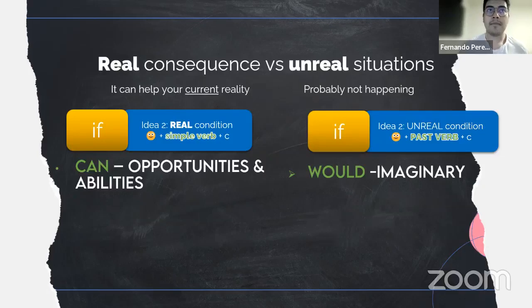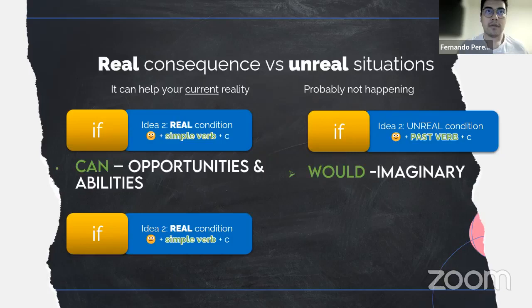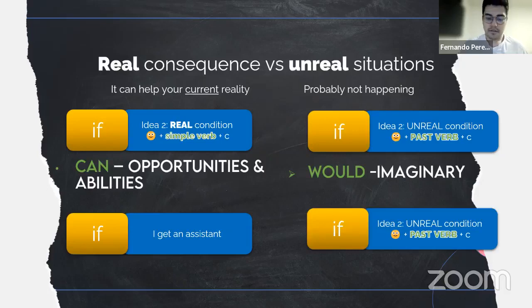Okay? That's idea number 2, real condition. If I get... idea number 2 on real situation.